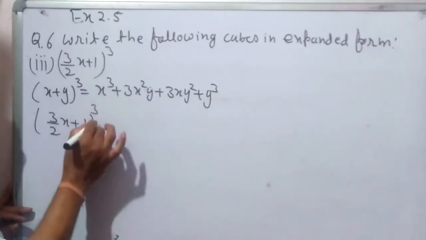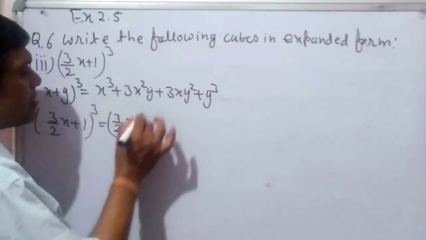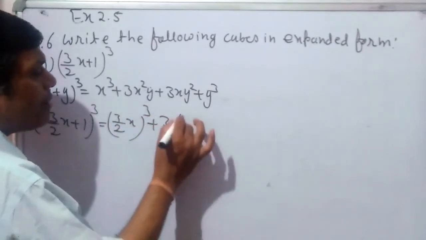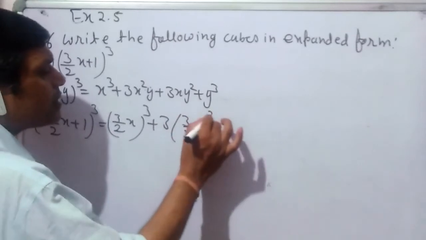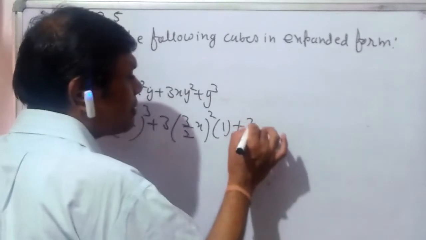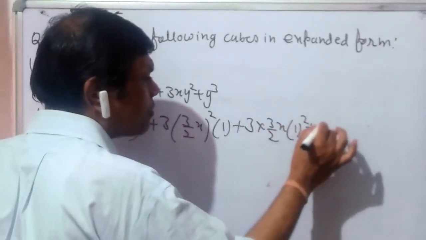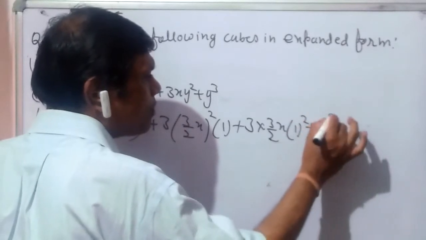In place of y we have 1. So in place of x we have (3 upon 2x) whole cube, plus 3 multiplied (3 upon 2x) square multiplied with 1, plus 3 multiplied 3 upon 2x into 1 square plus 1 cube.